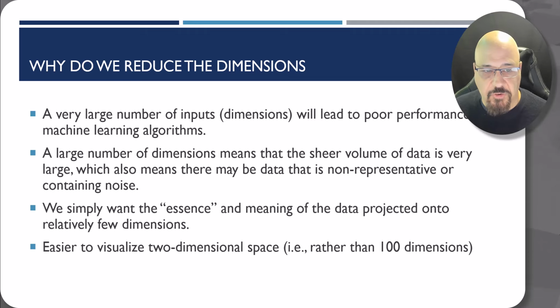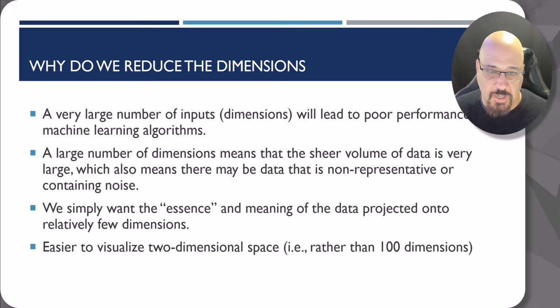Why should we reduce the dimensions? Because a very large number of inputs or dimensions will lead to poor performance of machine learning algorithms. A larger number of dimensions means that the volume of data is very large, which also means that there may be data that's non-representative, or the data contains noise.